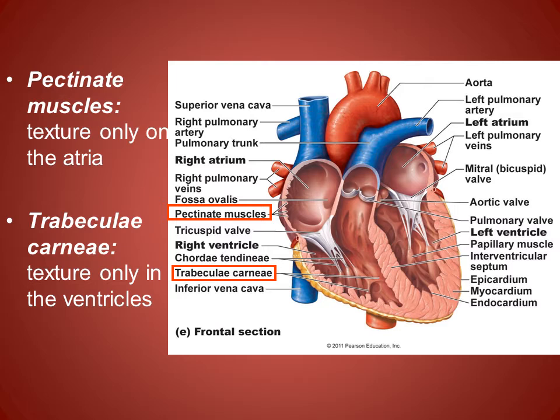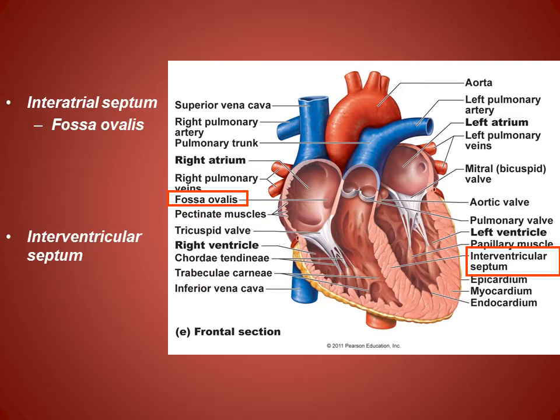You have various muscles associated in the ventricles and some of the texture of the pectinate muscles that are in the atrium. You have the interatrial septum, which is the division between the right and the left atriums. You do have what's known as the fossa ovalis. This is essentially like scar tissue that's left over.